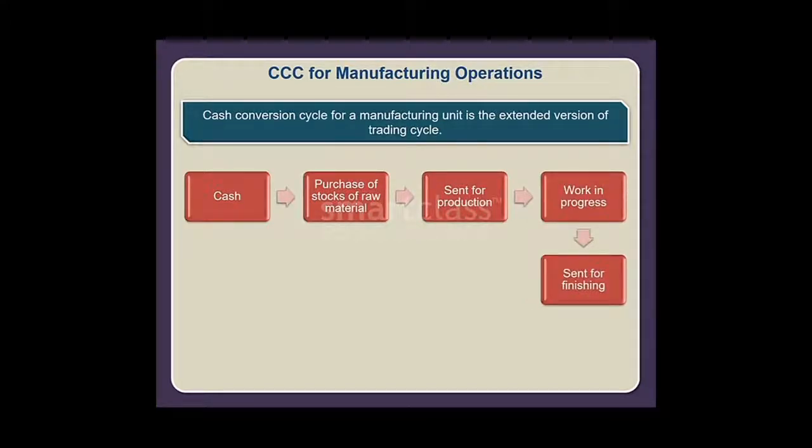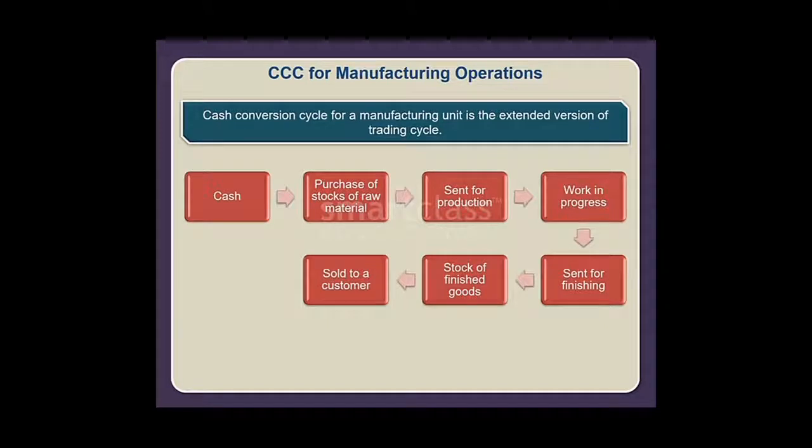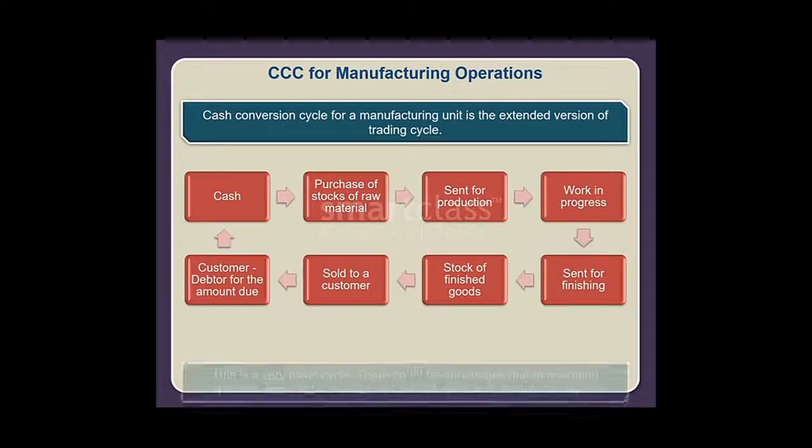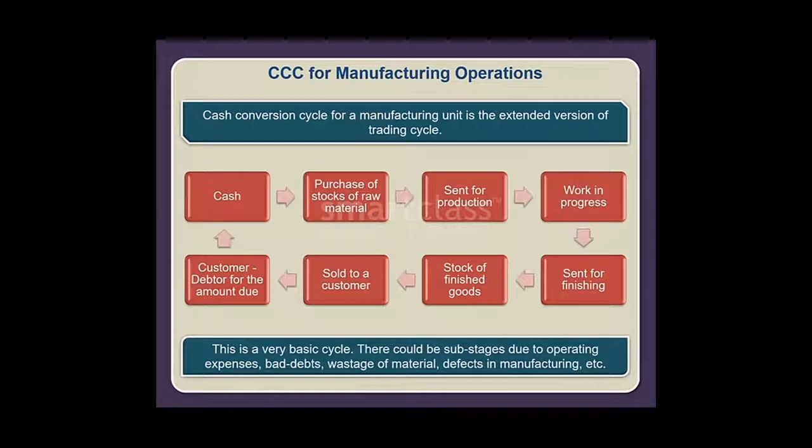Work in progress is then sent for finishing and becomes stock of finished goods which are sold to a customer who becomes debtor for the amount due. The cycle closes when cash is received from the debtors. Again, this is a very basic cycle. There could be sub-stages due to operating expenses, bad debts, wastage of material, defects in manufacturing, etc.